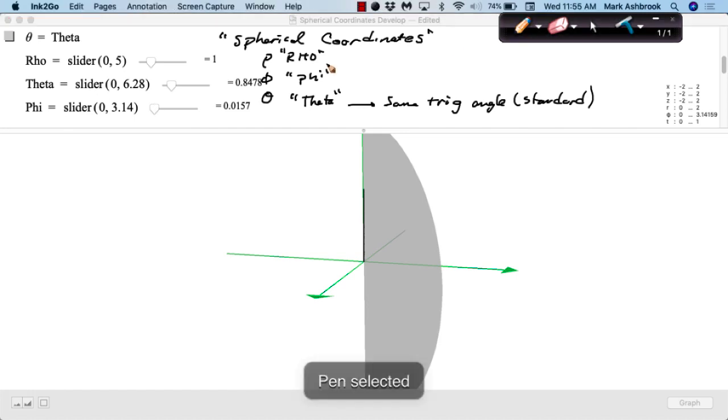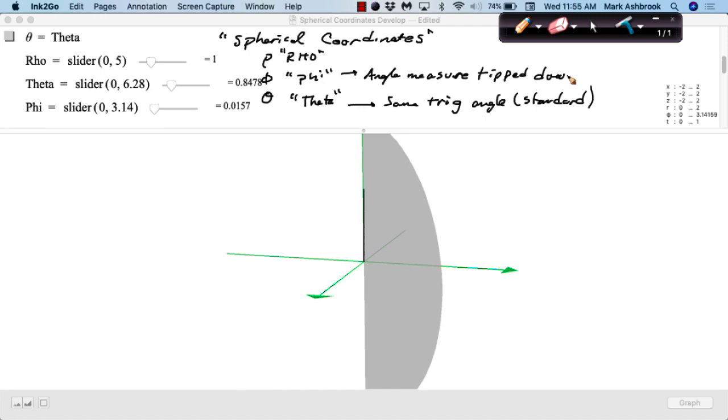So phi is the angle measure tipped down from positive z, and here's the key, in the direction of theta. In the direction of theta. So that might point to your left. That might point towards you. That might point, in this case, towards you and in front of the screen.